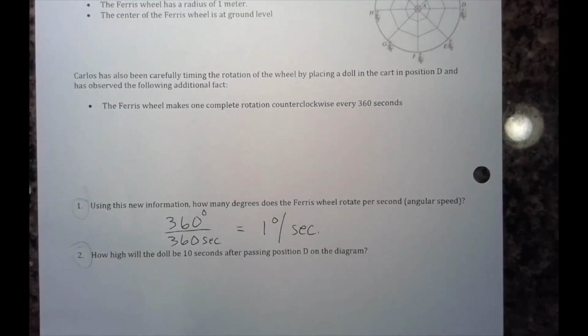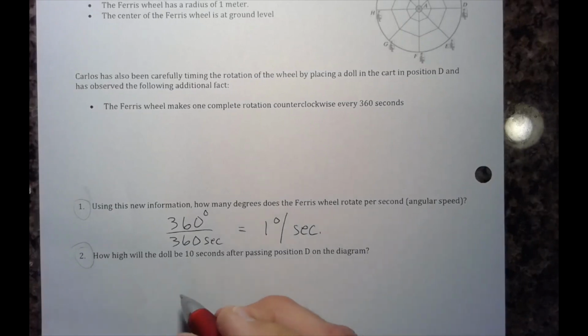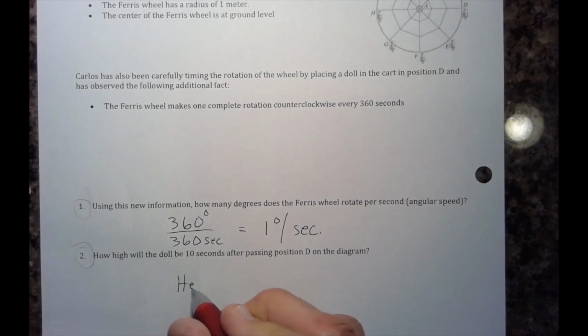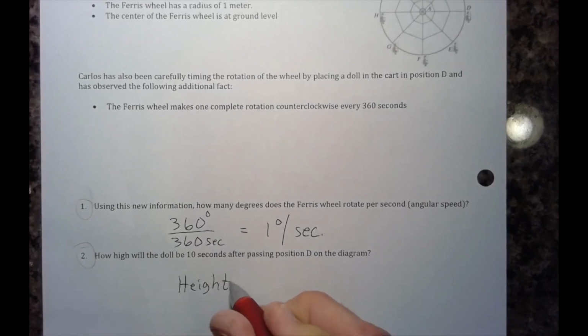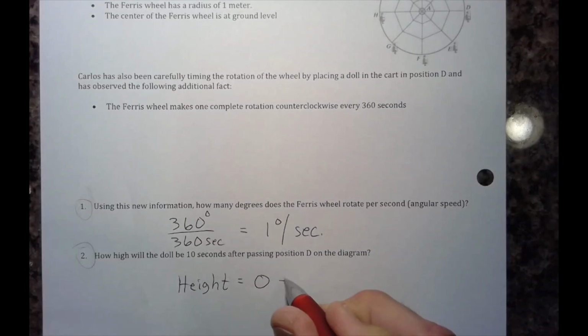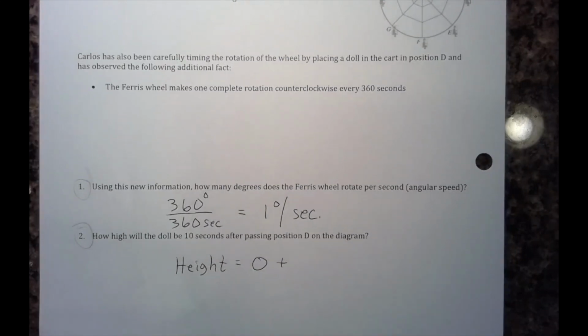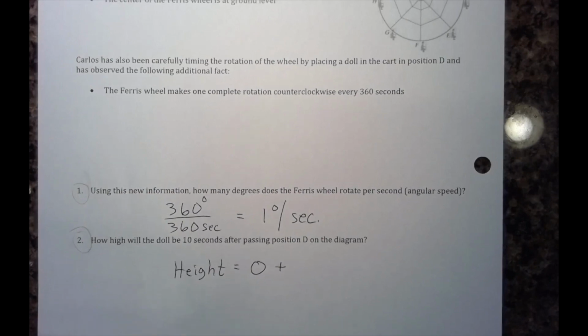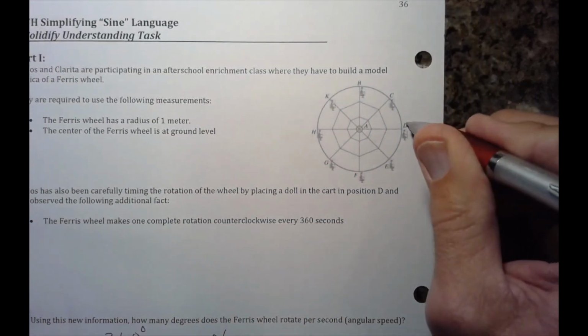How high will the doll be 10 seconds after passing position D? Well, it was on the ground, so once again, our height, because the axle is on the ground, is going to be 0 plus some additional amount because it's rotated 10 seconds. So notice in the diagram, position D is here.